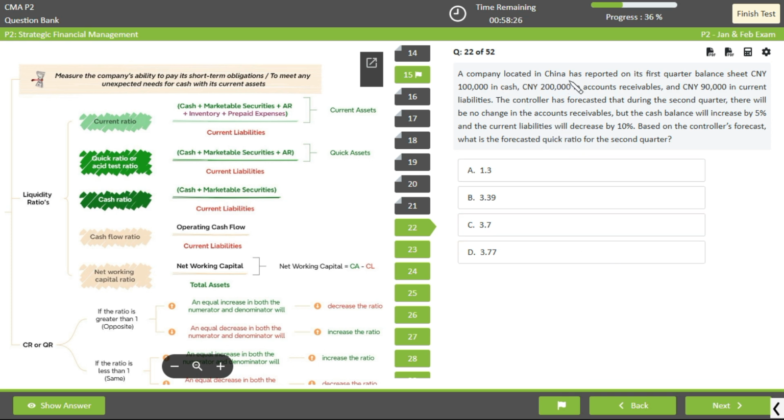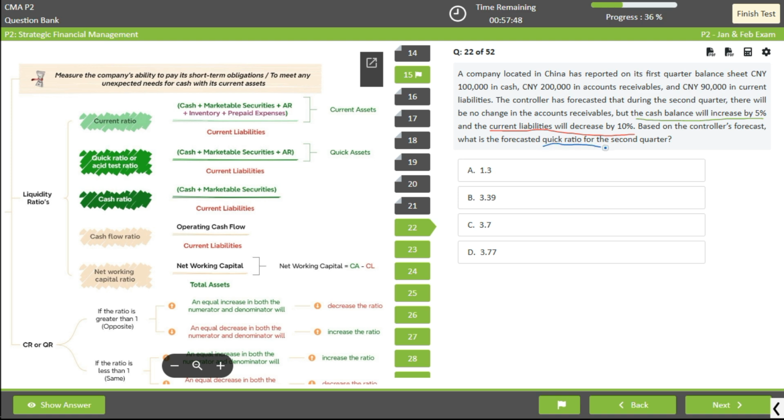Next, a company located in China has reported on its first quarter balance sheet 100,000 in cash, 200,000 in accounts receivable, and 90,000 in current liabilities. The controller has forecasted that during the second quarter there will be no change in accounts receivable, but the cash balance will increase by 5% and current liabilities will decrease by 10%.